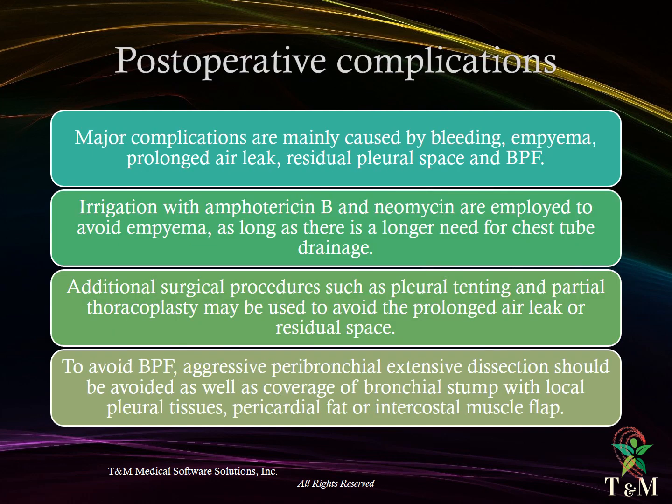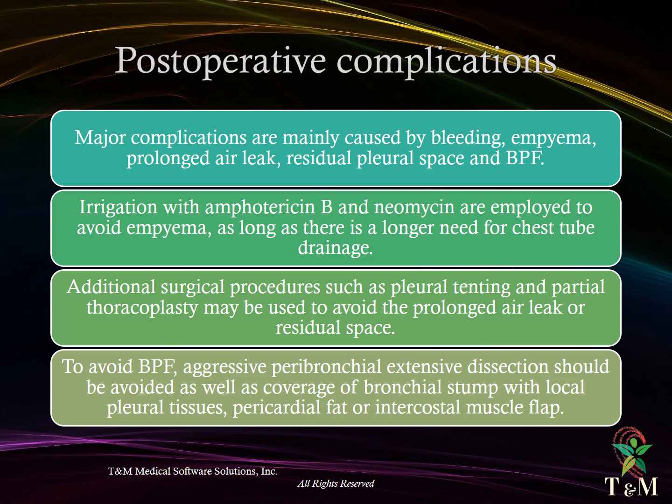Due to the severely ill patient, the underlying lung pathologies, and moreover low volume centers or inexperienced hands, major complications may arise, particularly bleeding from adhesions, empyemas, prolonged air leaks, residual pleural space, and bronchopleural fistula.